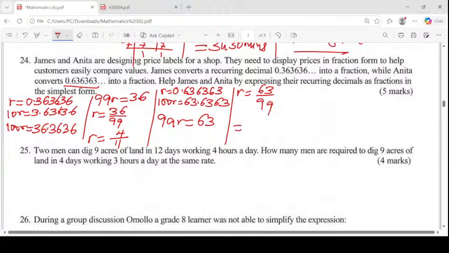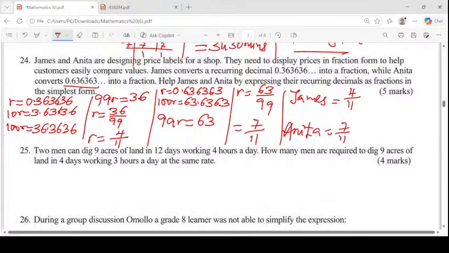So when you have 63 over 99, this is 7 over 11. So James' fraction became 4 over 11, then Anita's fraction became 7 over 11. I hope you've understood the context there.